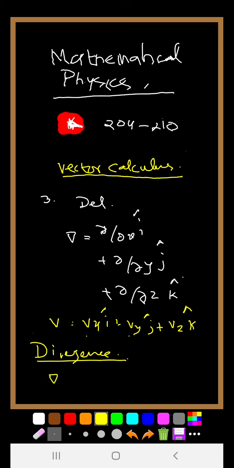Divergence is nothing but del dot V, and it is equal to del Vx by del x plus del Vy by del y plus del Vz by del z. It is a scalar quantity.